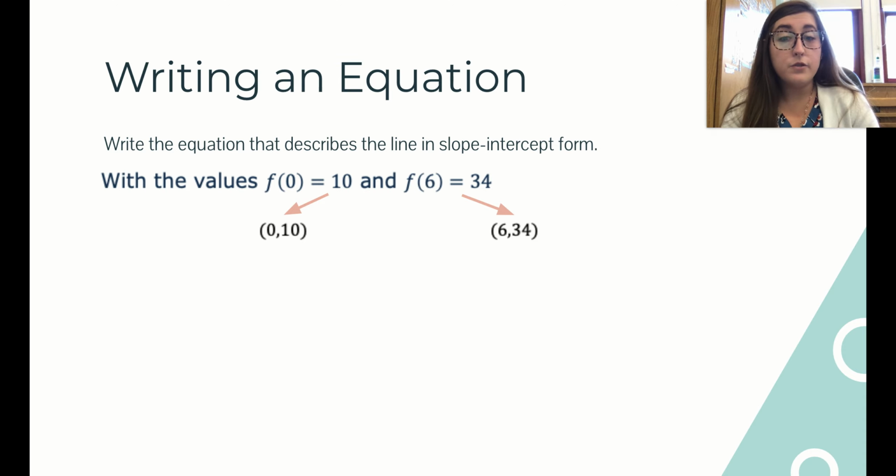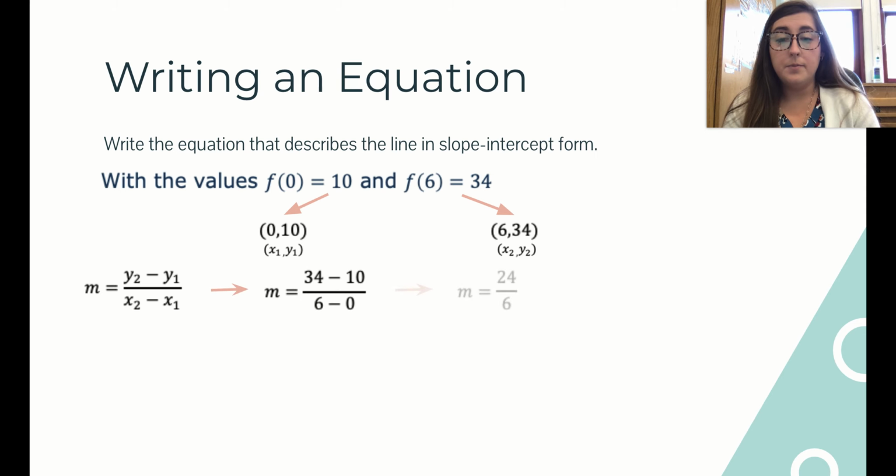It's the exact same problem as we did before, where in order to write the equation of our line in slope-intercept form, we need to first find our slope. So I'm labeling my first point (0, 10) as (x1, y1), and my second point (6, 34) as (x2, y2). So plug them into our slope formula, and we end up with a slope of 4.